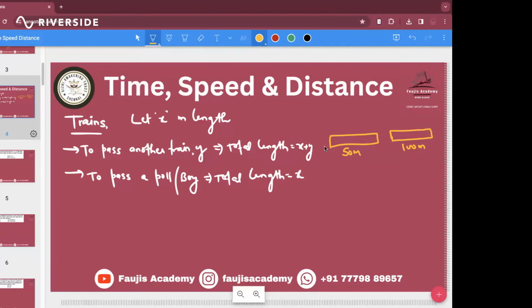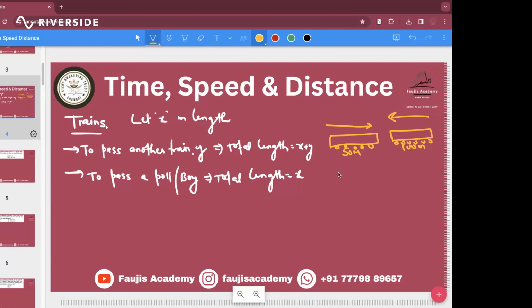James, buddy, are you there? So if I tell you that this is moving in this direction and this train is moving in this direction, it doesn't look like a train, but let's say this is a train. Both of these trains are in opposite directions, right?